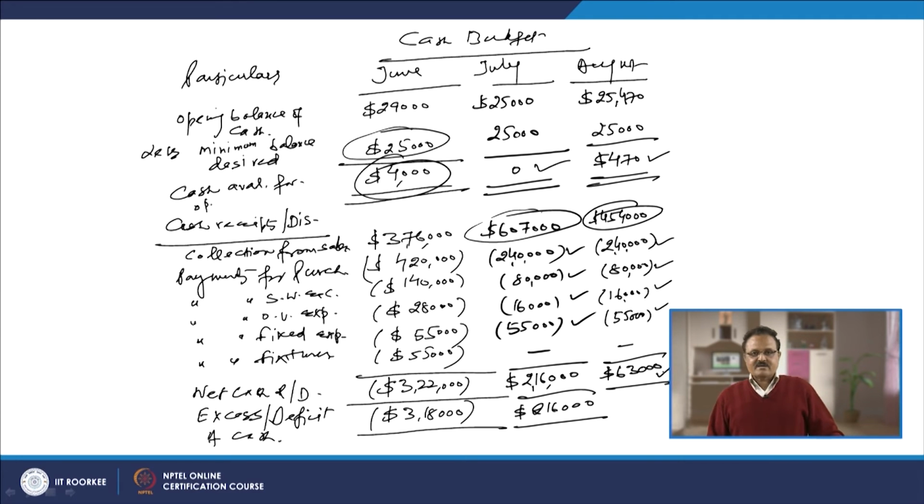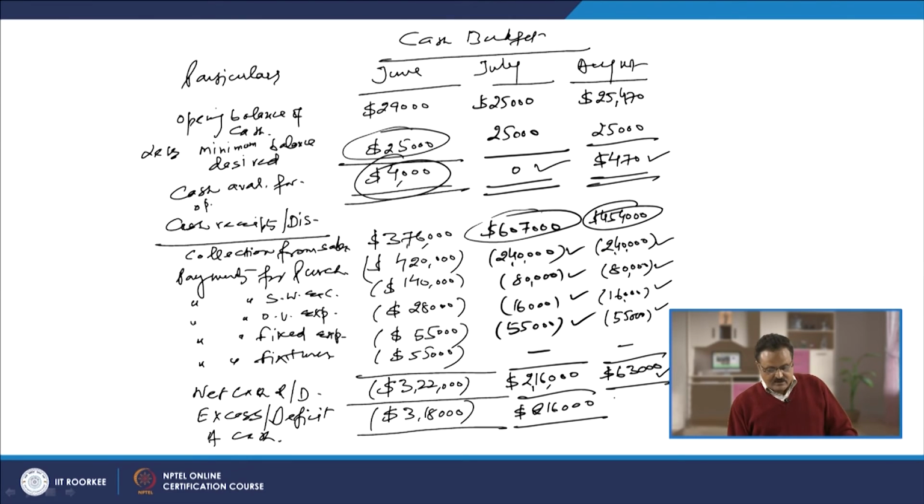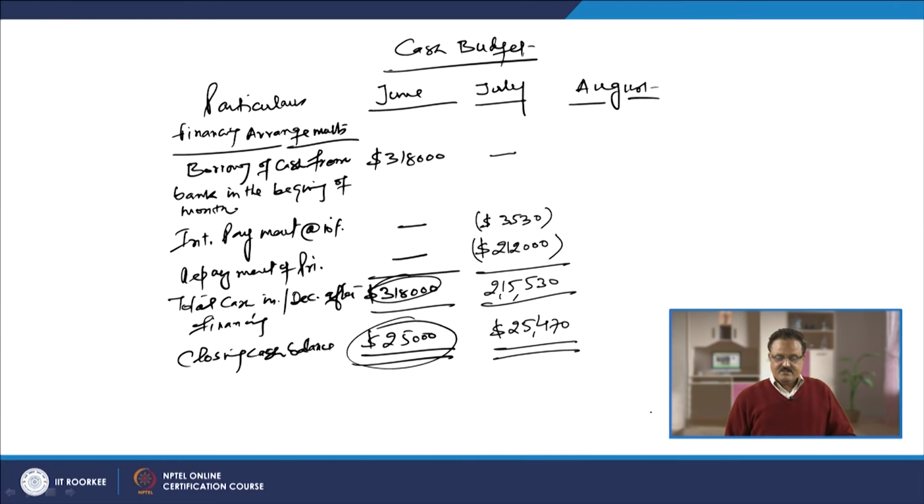So now the total amount available with us is $63,470, which can be used for the repayment of the balance of the loan. Let us go to the next statement, continue with the month of August, and talk about the financing arrangements.